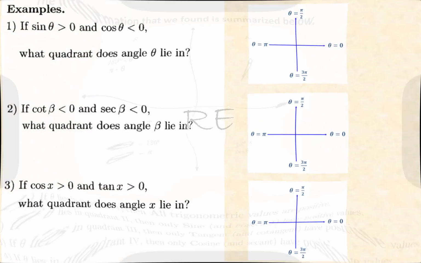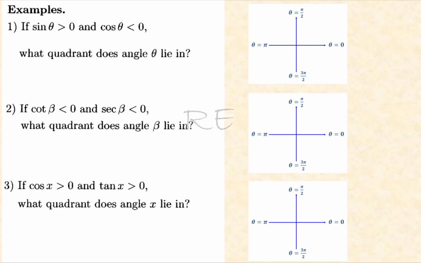Now, if sine theta is positive and cosine theta is negative, what quadrant does angle theta lie in? Sine is positive in the first quadrant and in the second quadrant. Sine represents y.